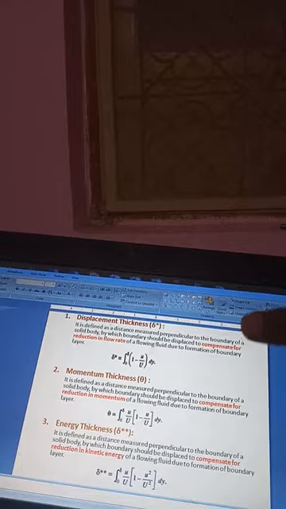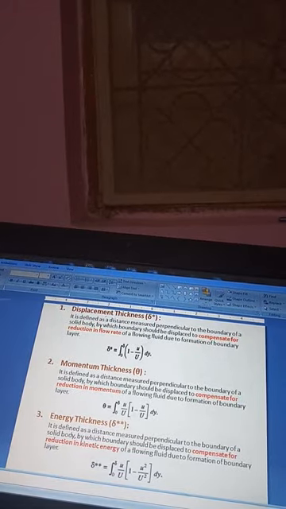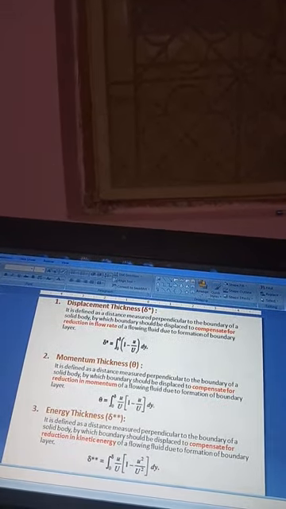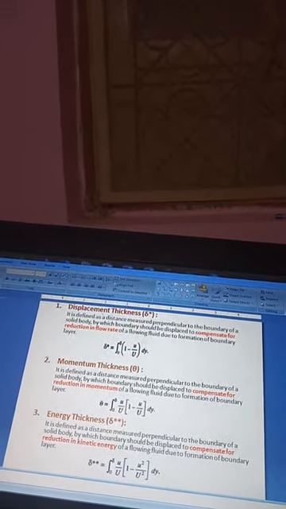We will not take it in detail, but let us see the formula. The displacement thickness is generally denoted by delta star, and it is the integration of 1 minus u by U, into dy, from 0 to delta. This formula you have to remember because it is required in the numericals also.